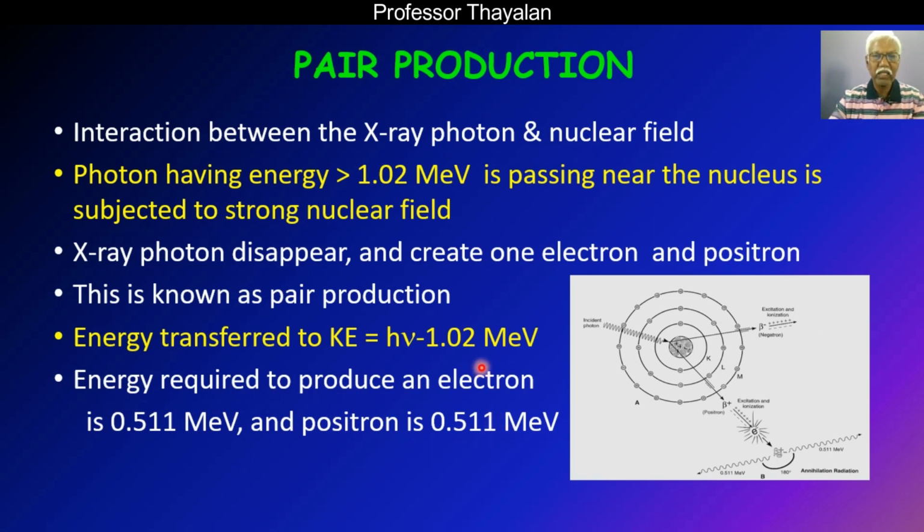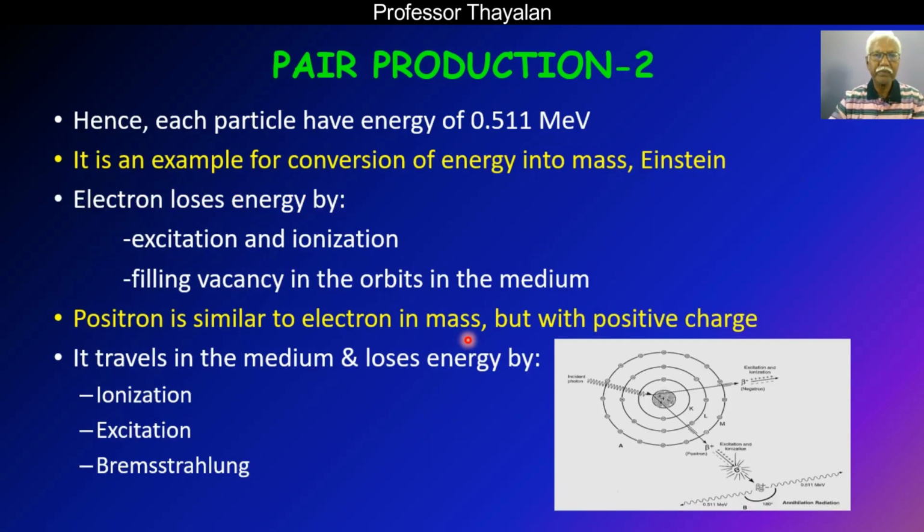If you add the two, it comes to around 1.02. Hence, each particle has energy of 0.51 MeV. It is an example of conversion of energy into mass as predicted by Einstein, E is equal to mc square.